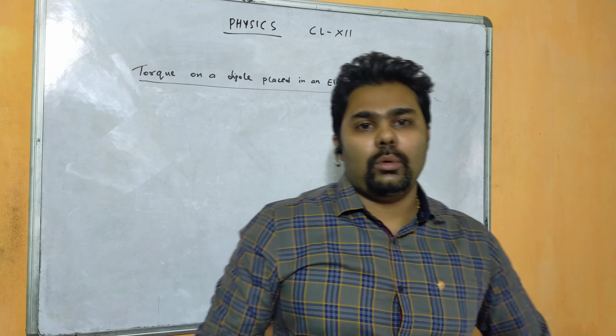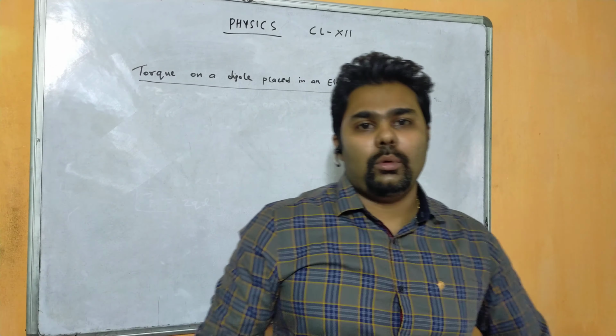If I draw a perpendicular here on the electric field, so this is a perpendicular distance, you can name this point B and here P. Two forces are acting on the two sides containing the charges. On the minus q side the force is minus qE, and on the plus q side the force is plus qE.